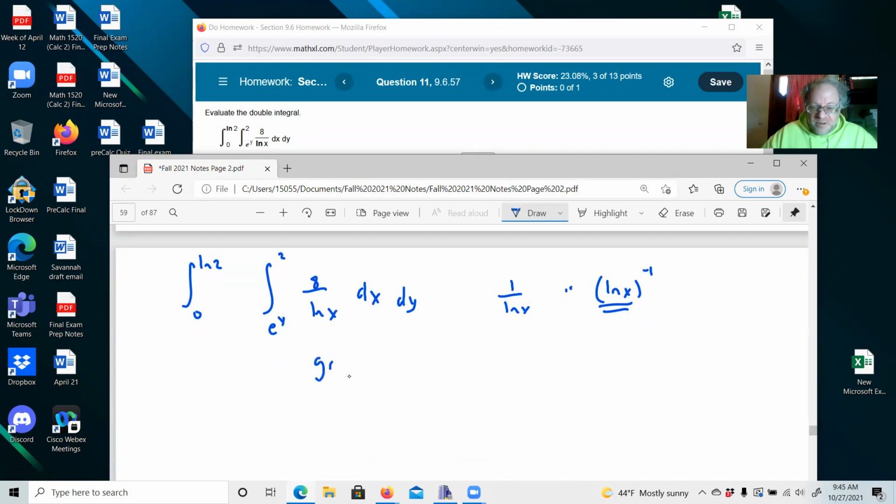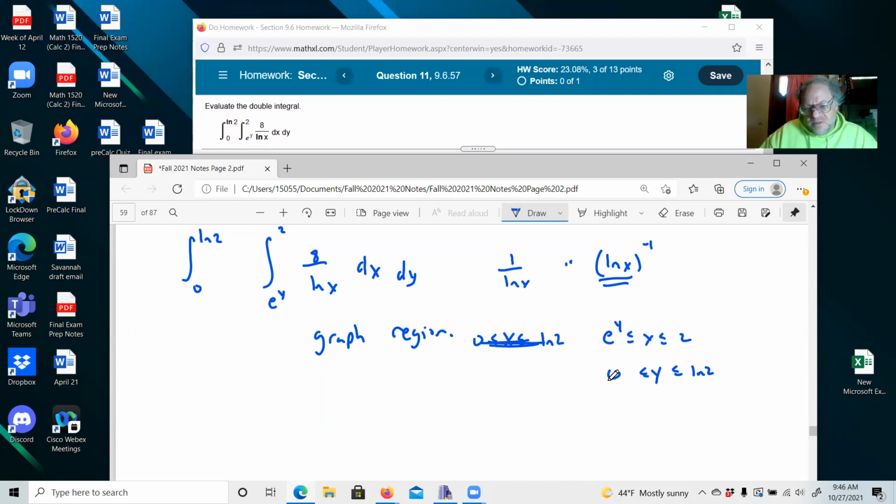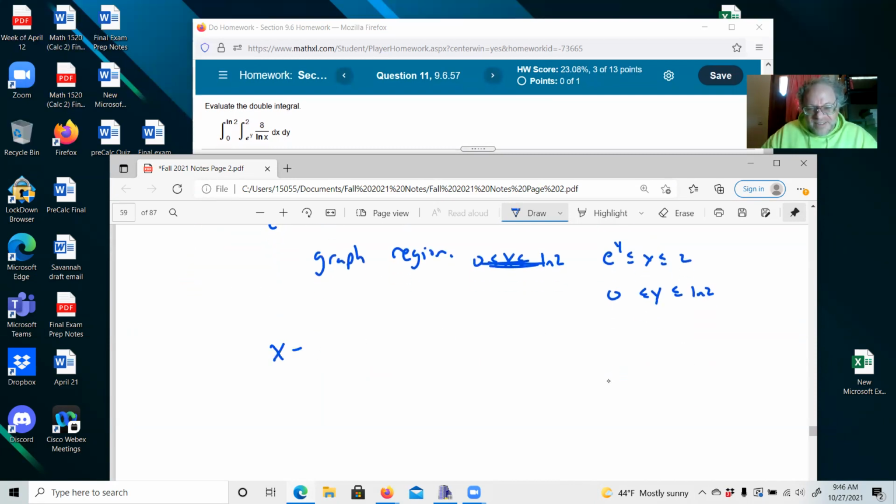So what we have to do is graph the region. x is going between e to the y and 2, and y is going between 0 and ln 2. First off, how do you graph x equals e to the y?